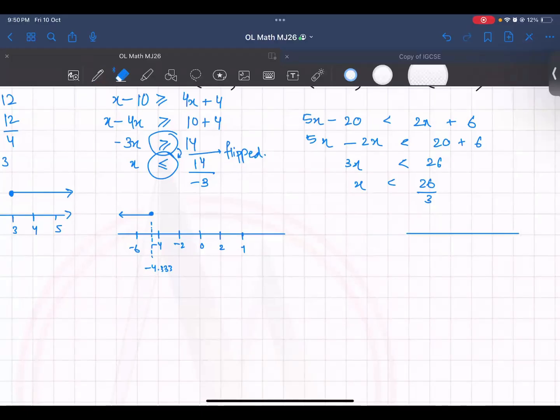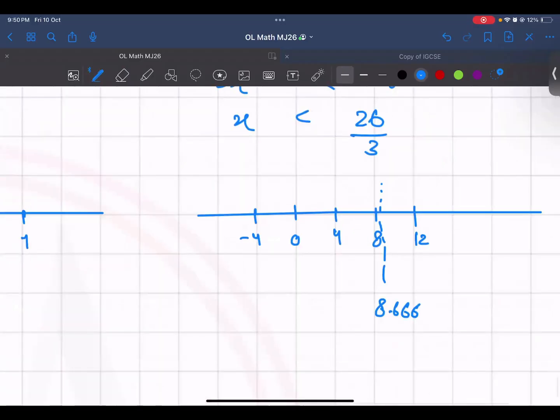And over here, it would be less than 26 upon 3, which would be 8.666 something, very close to 8. I'm just giving you an idea how to plot this.